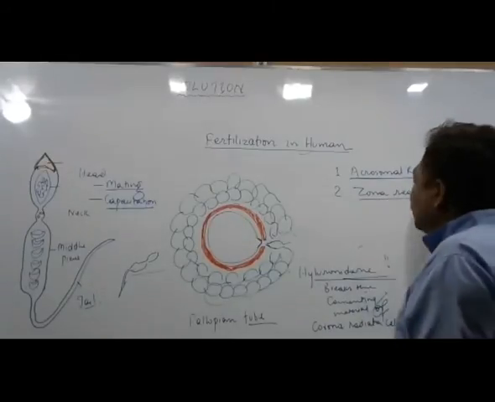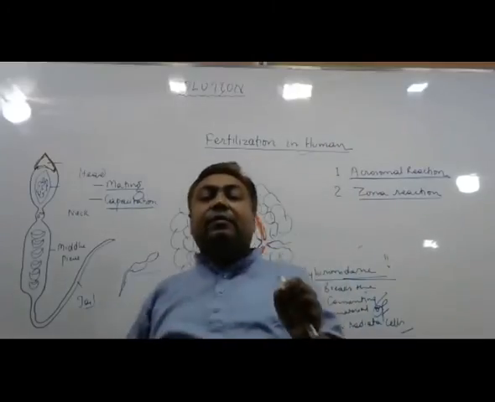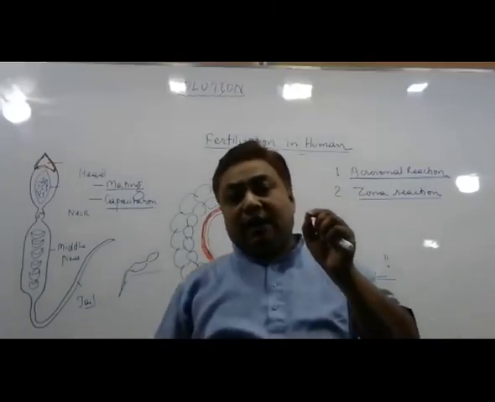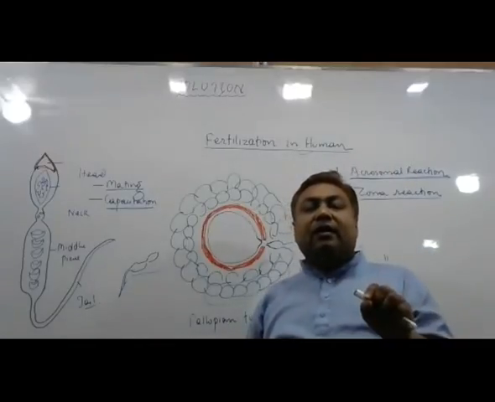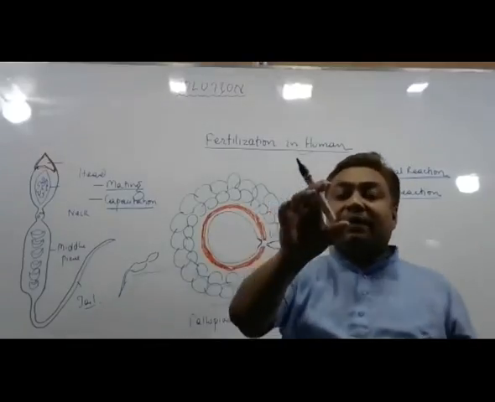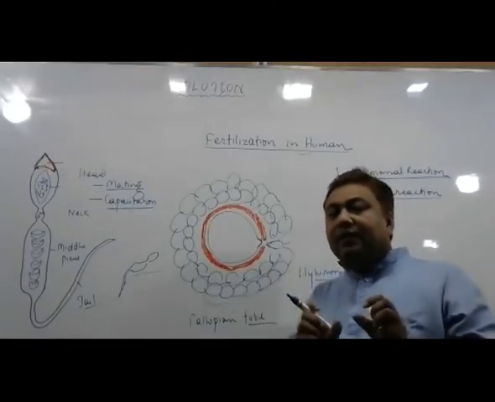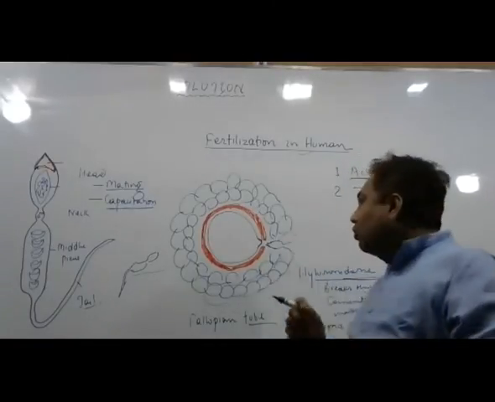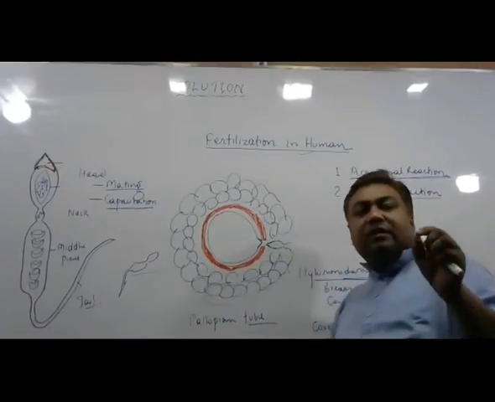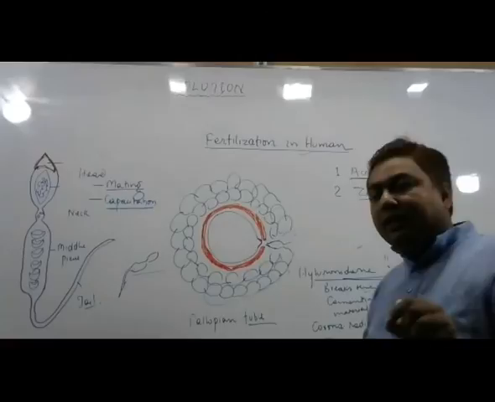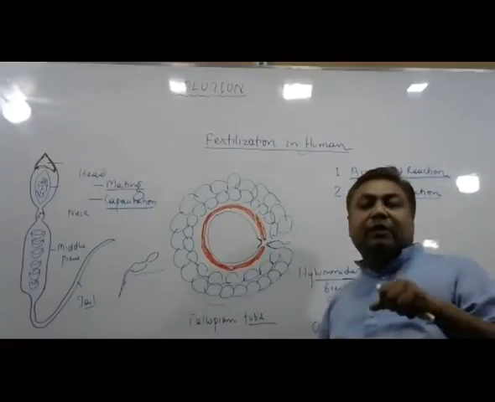So the zona pellucida contains several chemicals which can bind with the sperm. There are several chemicals present as receptors in the zona pellucida layer which bind with a sperm.